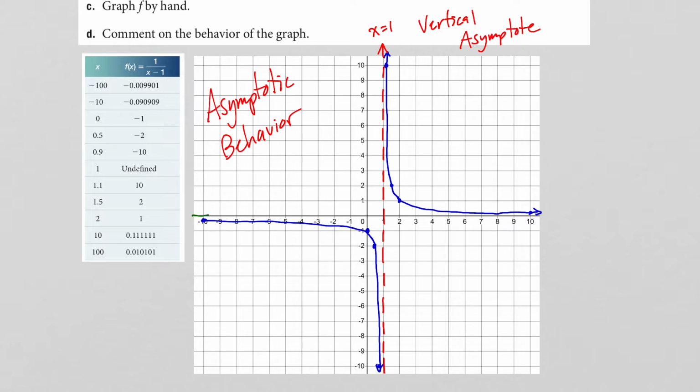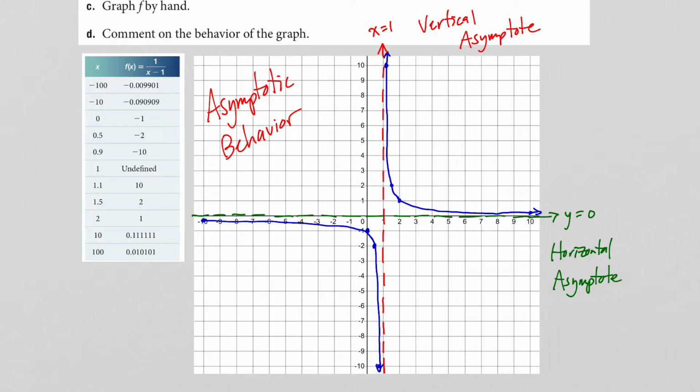So what is happening here is we have asymptotic behavior in this direction as well. The line that I'm drawing here is the line y equals 0, and this is a horizontal asymptote. We will talk more about horizontal asymptotes later in the section because they are a little bit trickier in terms of determining what they are.